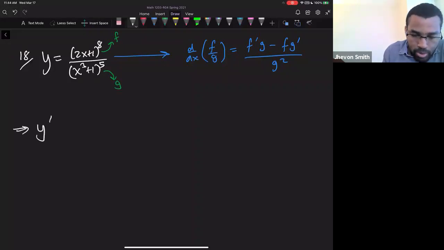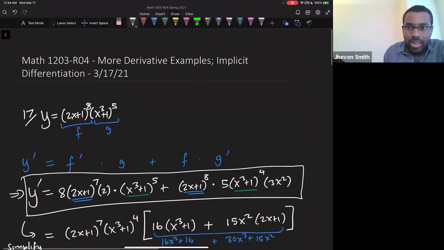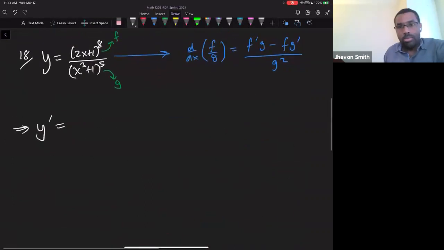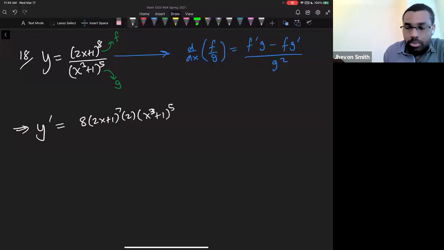So this means y prime. You'll notice that these are the same guys from up here. Instead of multiplying them, I divided them. Now I want you to focus on plugging the guys that you already know are the answers into the right formula, not giving you a completely different example. So it's going to be the derivative of the top, which we know by the chain rule is this, times the bottom, x cubed plus 1 to the 5th, minus the top times the derivative of the bottom.